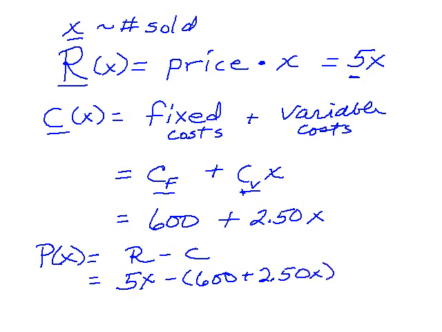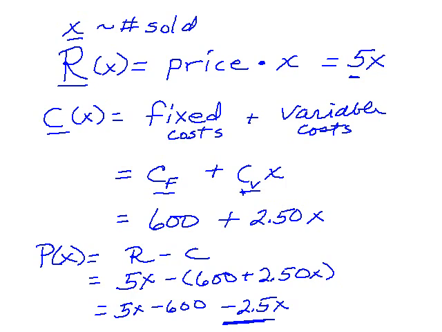If you forget the parentheses, you better have a 0 in front of the variable cost. So this is 5X minus the fixed cost minus the 2.5X. And people forget this all the time. They forget to subtract off the variable costs.